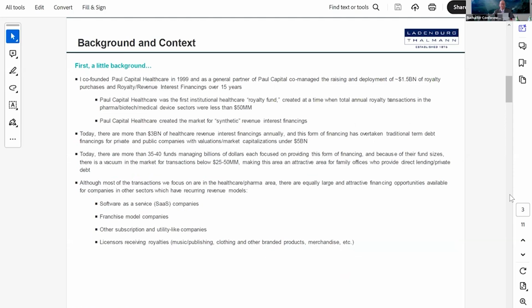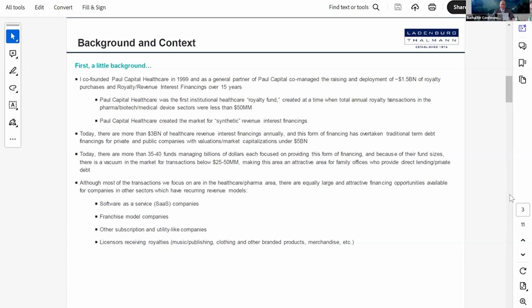Paul Capital Healthcare was the first royalty fund established in 1999, where we raised and deployed about $1.5 billion of royalty purchases and revenue interest financing, which today doesn't even sound like a huge amount of money, but back then the total volume of royalty deals in the biotech and pharma industry for an entire year across all companies was like $50 million. So we kind of created this market.